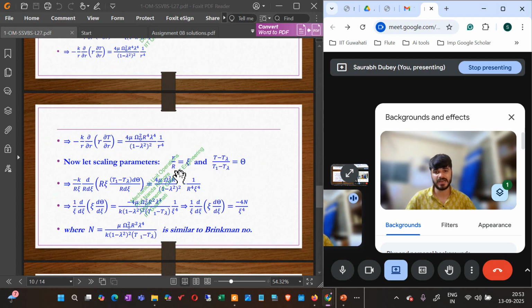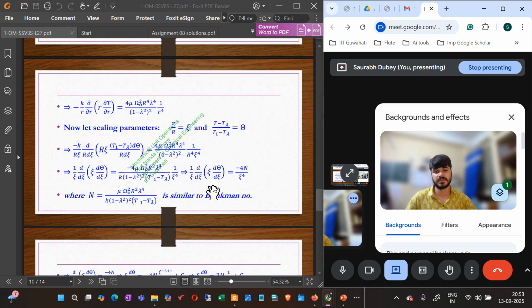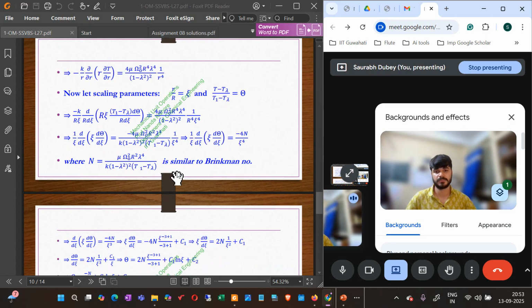So you know that r by R is zeta, you just assume it, and T minus T lambda divided by T1 minus T lambda equals theta. So these are the scales that you have taken, and now in terms of this, when you do the calculations here, the Brinkman number comes out to be this, and you see that this Brinkman number is similar. So here it is a similar Brinkman number like we have had there.